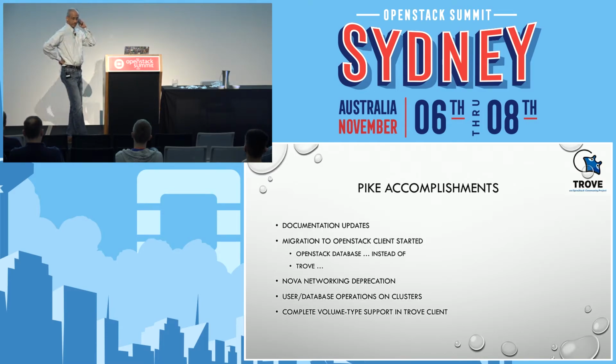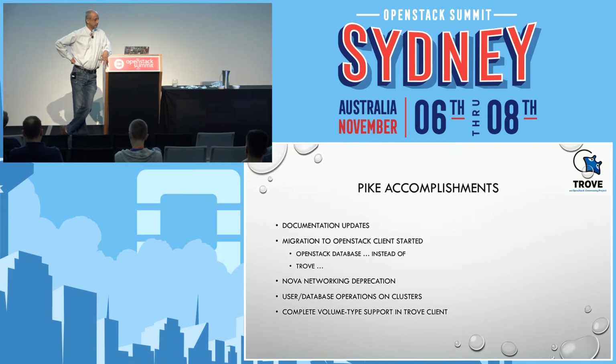So under the OpenStack client, it would be OpenStack database would be the way to get to it. Some work related to the Nova networking deprecation, user and database management on clusters, and I think Amrit completed this volume type support for the Trove client, if I remember.